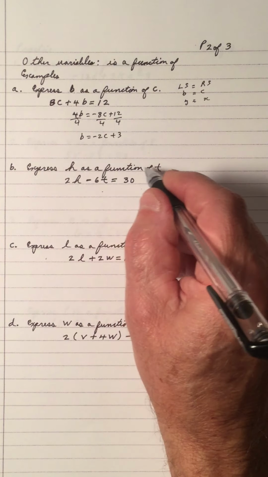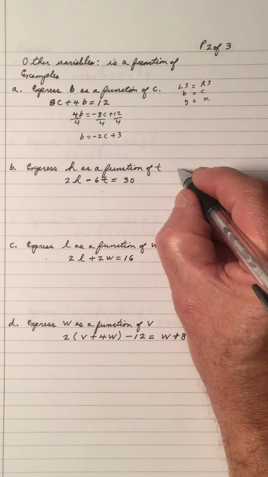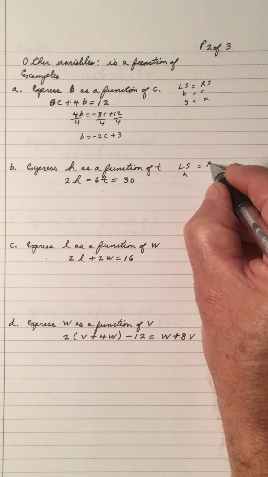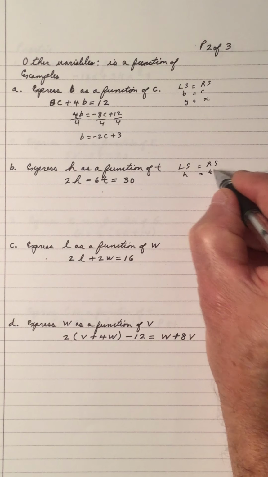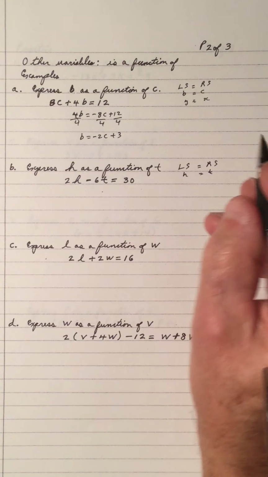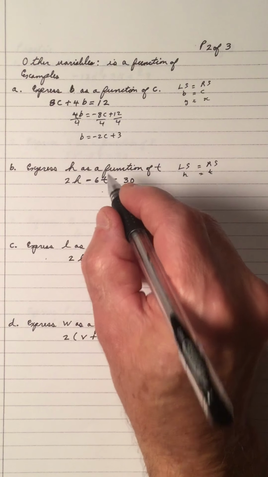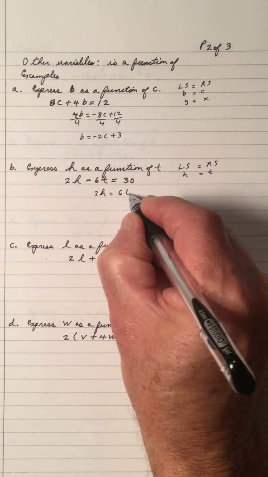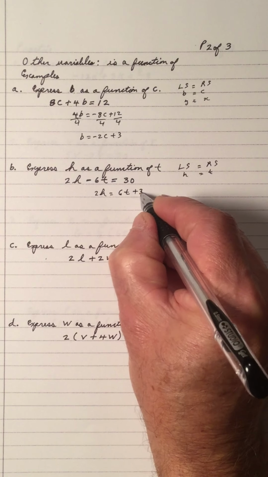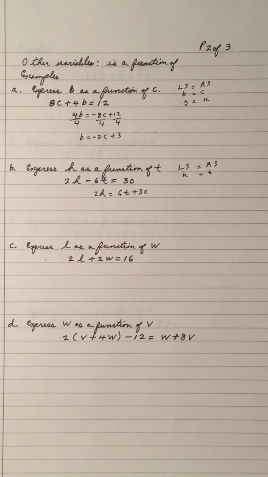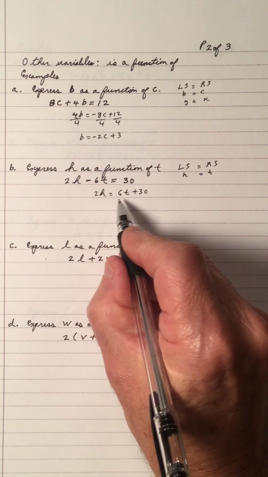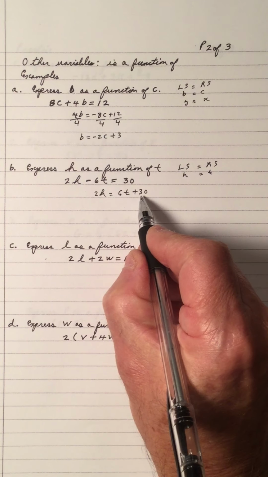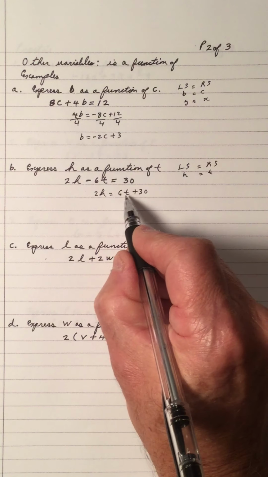Express h as a function of t. That means the left side is going to have h, and the right side is going to have a t. So h stays on the left side. So 2h equals 6t plus 30. And notice I moved the t like a y equals mx plus b: the constant stays on the right of this variable.